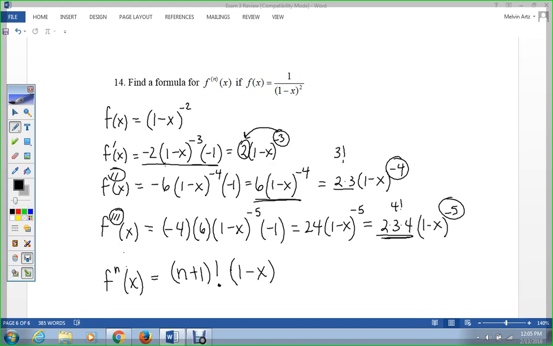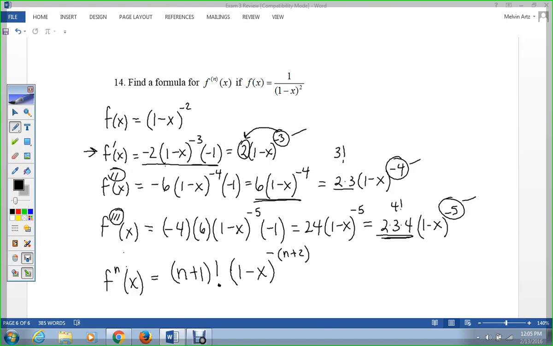Well, the first derivative, this is negative 3. Second derivative, negative 4. Third derivative, it's negative 5. So it looks like n plus 2, but they're negative. So if we put negative n plus 2, you can see, go back to your first derivative now, this one.